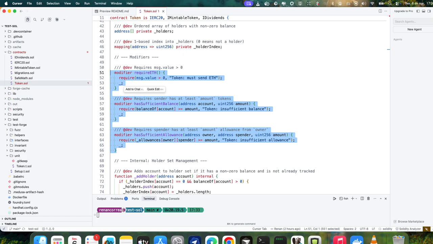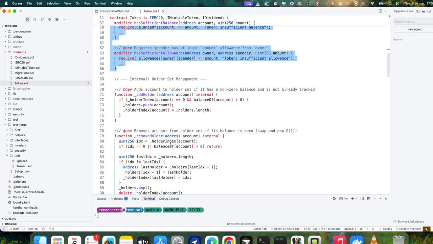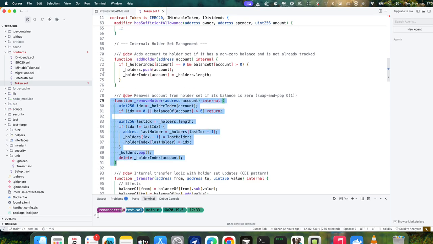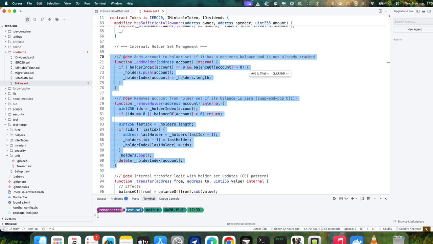The most important design decision is the holder tracking. The addHolder function checks if the account is not already tracked and has a non-zero balance, then pushes it to the array and stores its one-based index in the mapping. The removeHolder function uses swap and pop. To remove a holder, it swaps them with the last element in the array, updates the index of the swapped holder, then pops the array.